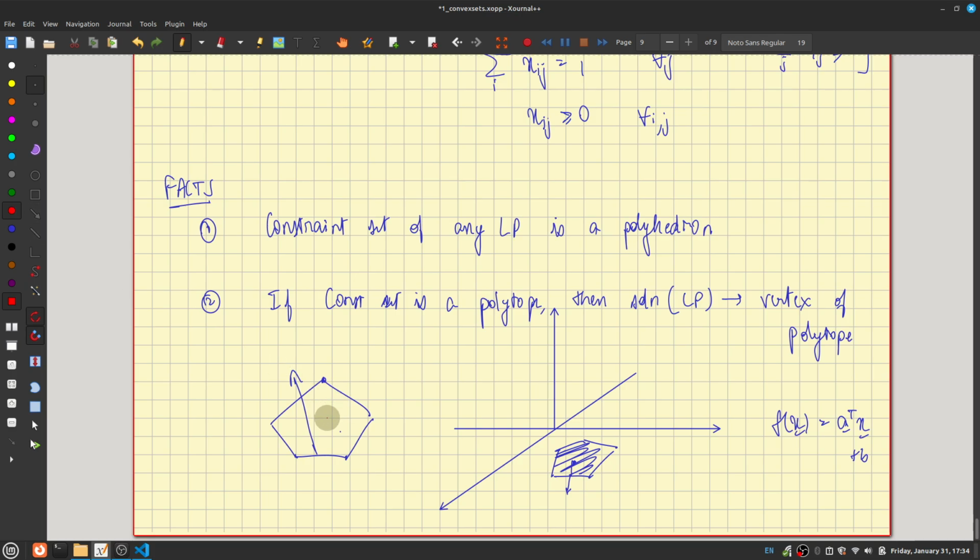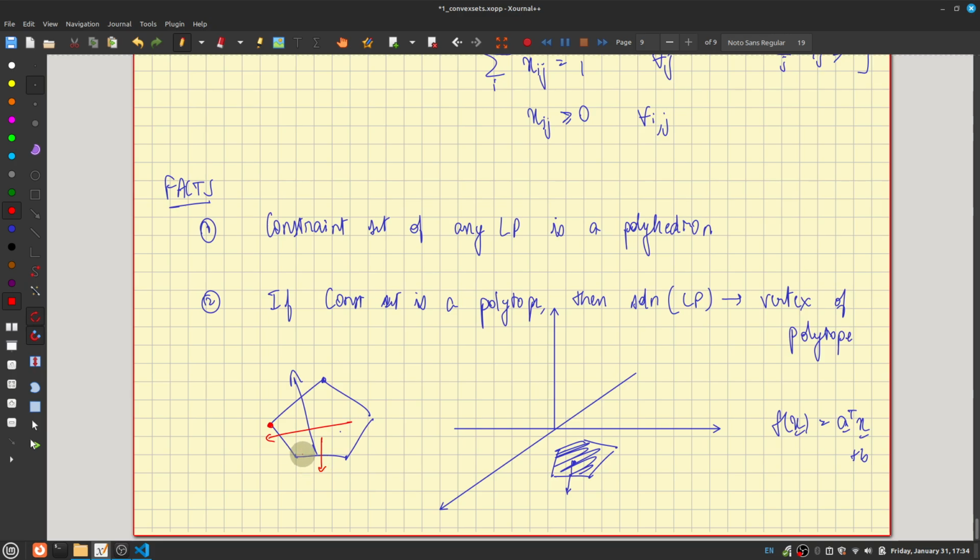Now let us say that the gradient is in this direction. Then where would the function value be maximum? Maybe I didn't draw it well enough, but let's say that this is the direction. Then this point would be where the function value is maximum. Now suppose that the gradient is perpendicular to one of these edges.